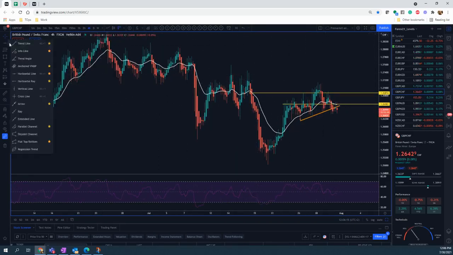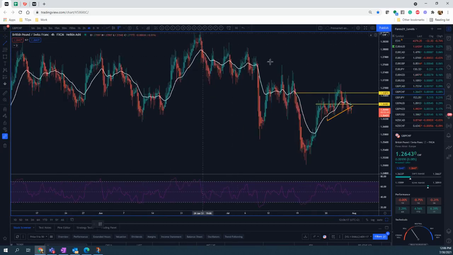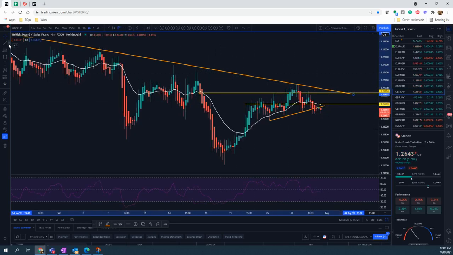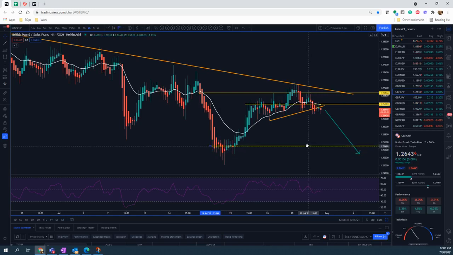On the 4-hour chart, we have a trend line, and every time price hits the trend line, price is rejected. Because of that, my target is that GBPCHF is going to hit this support area here, right around here.